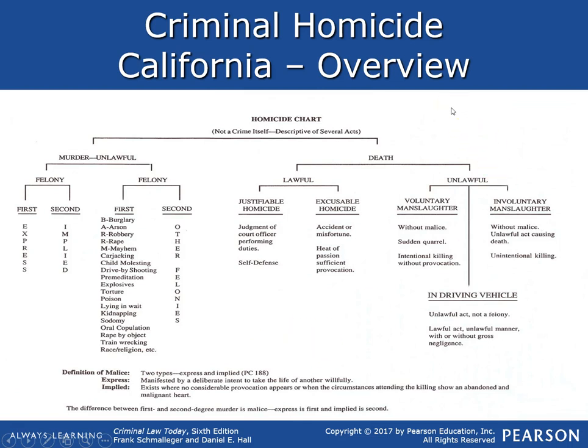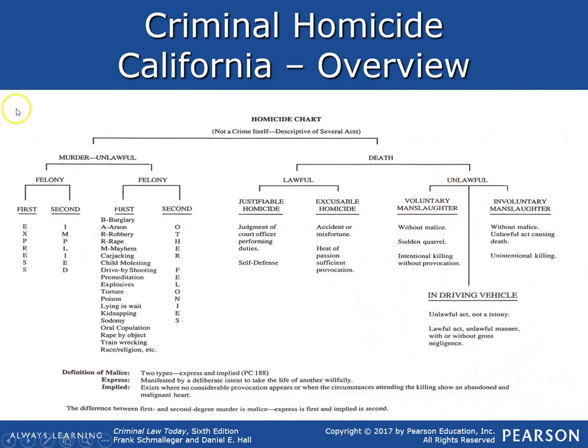So quickly, homicide is more of the umbrella. Okay, it's not a crime in itself, it's descriptive of a lot of different acts. One of them being murder, which is here. It falls under the umbrella of homicide. And here, death, that falls under the umbrella of homicide. And there is lawful and unlawful.